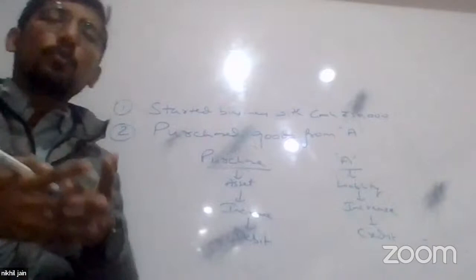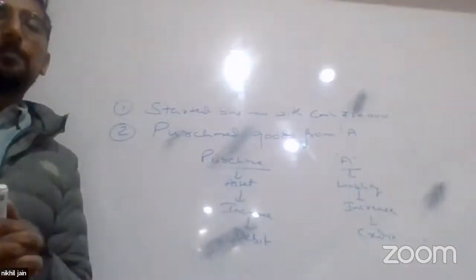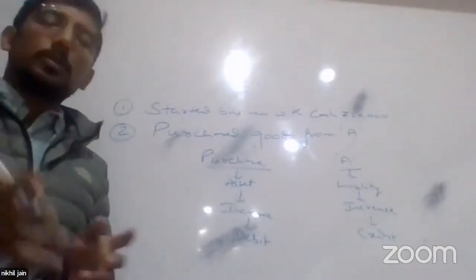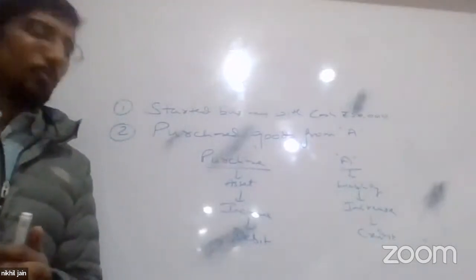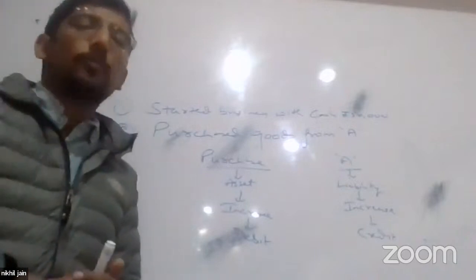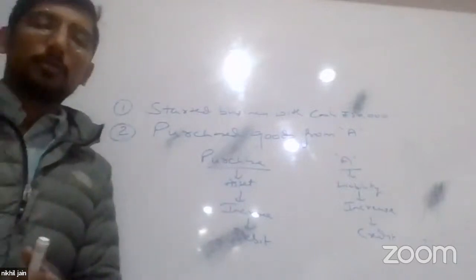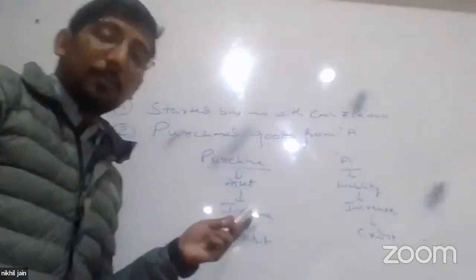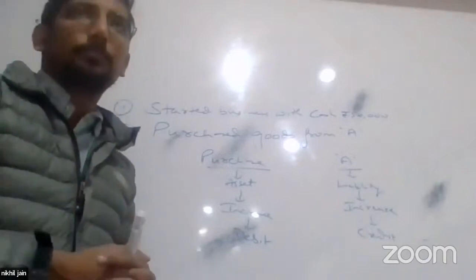But if you want to make it with the help of the golden rule, we can also do it with the help of the golden rule. Whatever rule you follow, you can follow that rule. There is no issue regarding that. But the most preferable method is the modern rule, because in the golden rule there are some loopholes, a kind of confusion.